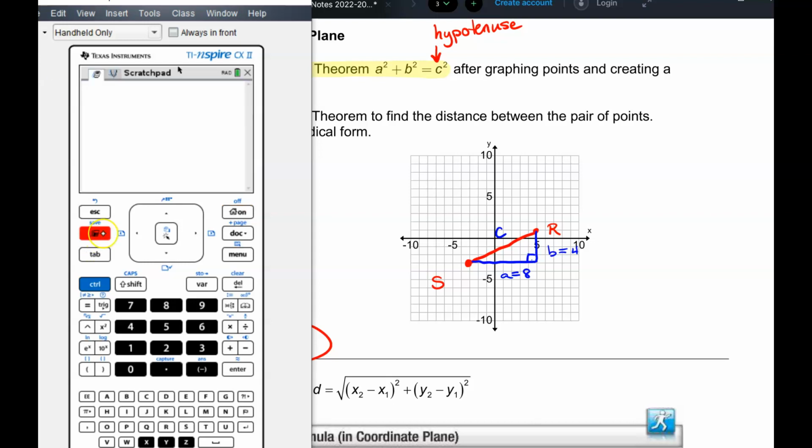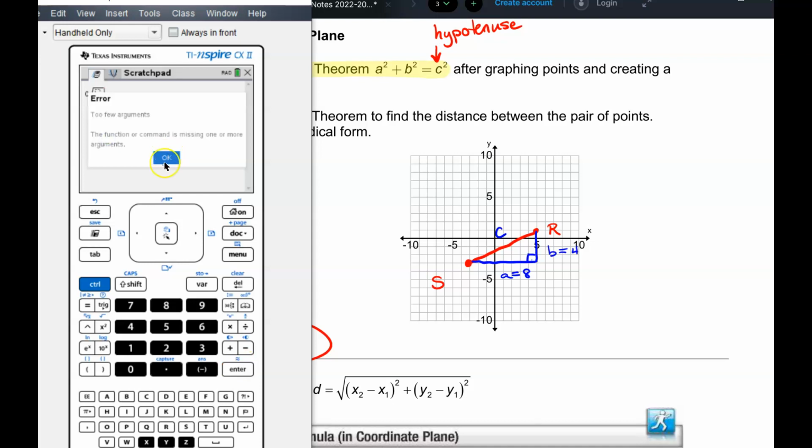If I press that button, you see how it's in red? If I press that a second time, it'll go to a graph. And if I press it again, it just toggles between a graph and this part of the calculator. If I want to get a square root, I have to press the control and then the x squared button. Do you see how there's a little square root above? It's probably hard to see on the board. And then what you can do, just type in 80.